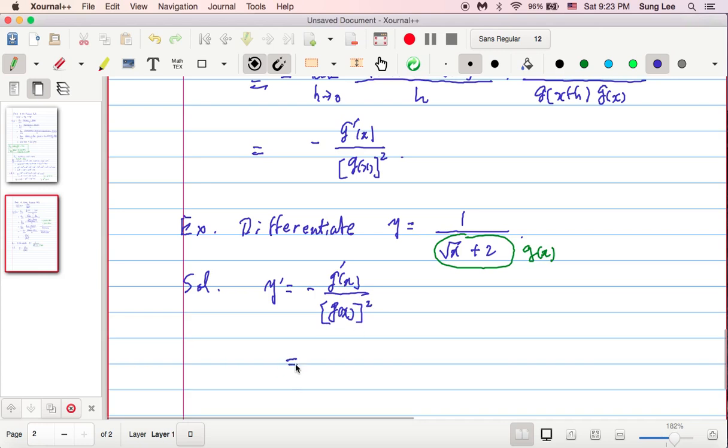So that equals negative the derivative of square root of x plus 2, over square root of x plus 2 squared.